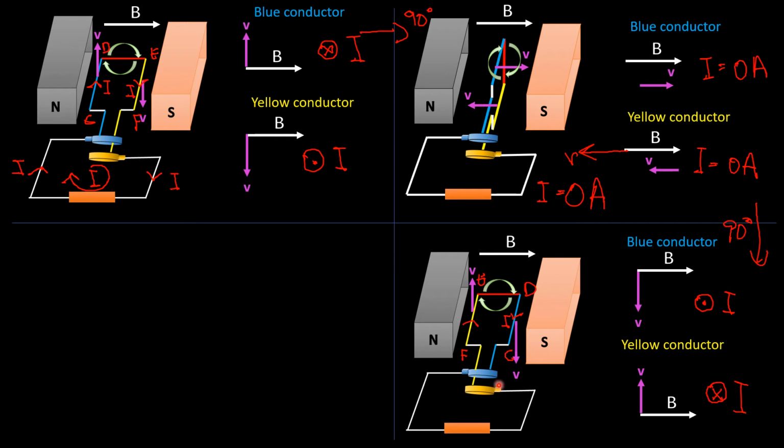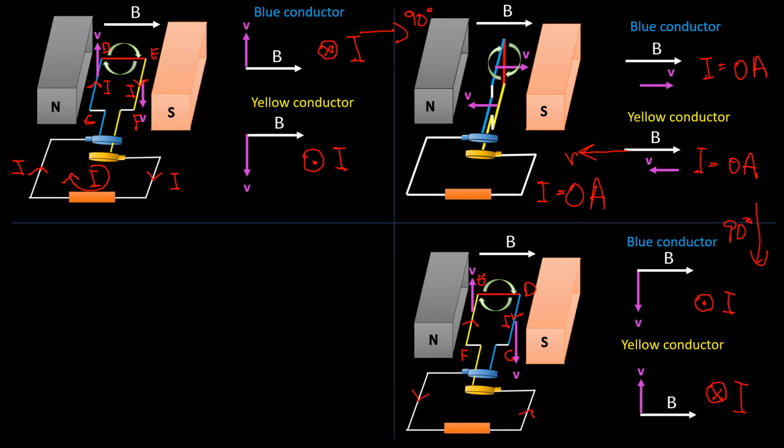So your current now is flowing in this way for your main circuit here. In other words, your circuit is now flowing in an anti-clockwise direction.